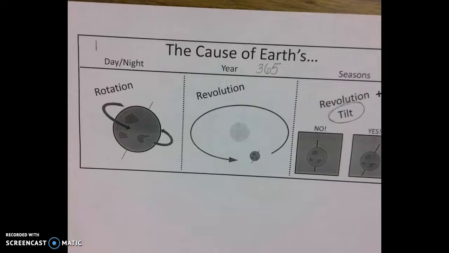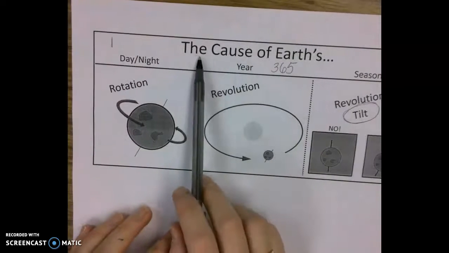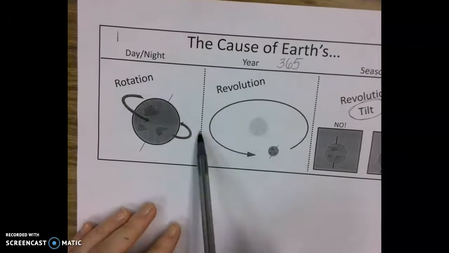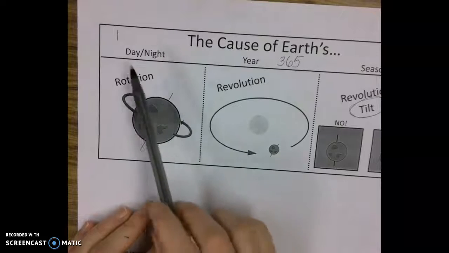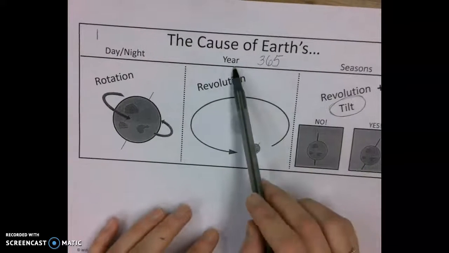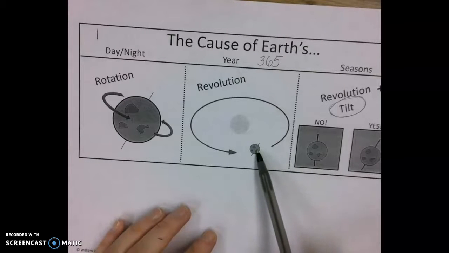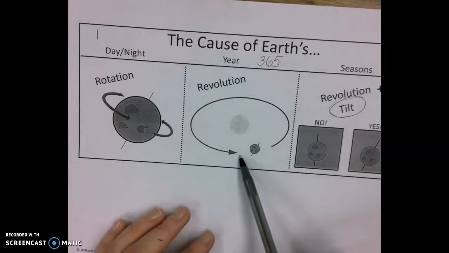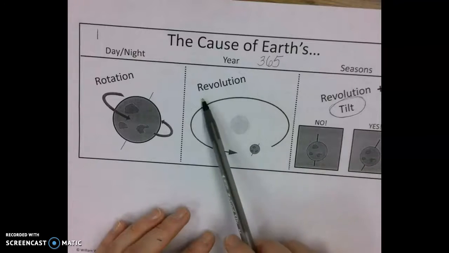So once again we're going to start with this, just like we have every single day this week. The cause of Earth's day and night, do you remember what it's called? Rotation. So one rotation is a day and a night. For a year, when the Earth goes around the sun one full time, that is a revolution.